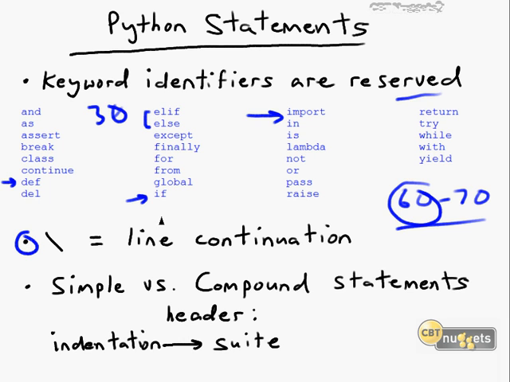Next, we have the backslash. We're going to be talking a lot about escape characters, and this is an overloaded character that's used for escape sequences and line continuation at the very least. Thus far, I think you've seen in our sample code that the Python interpreter goes through your script file line by line.